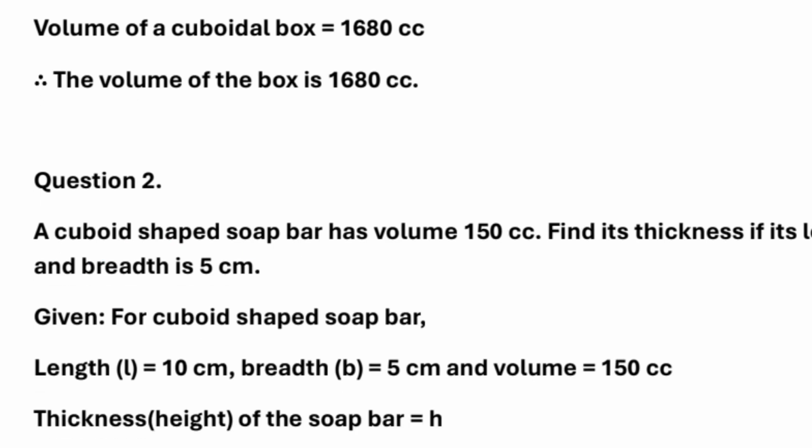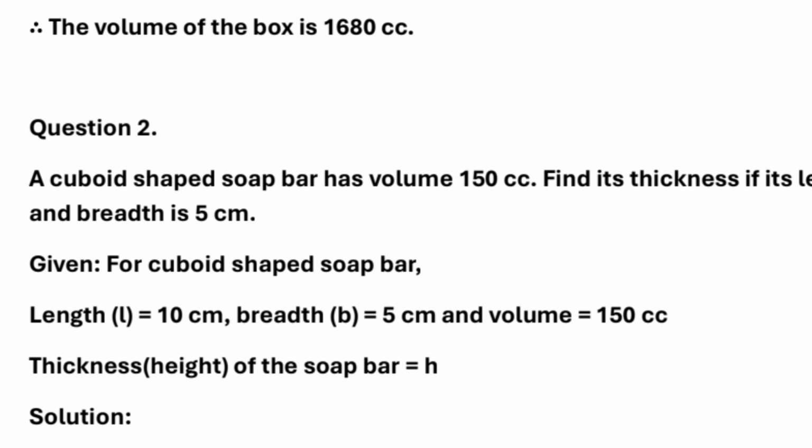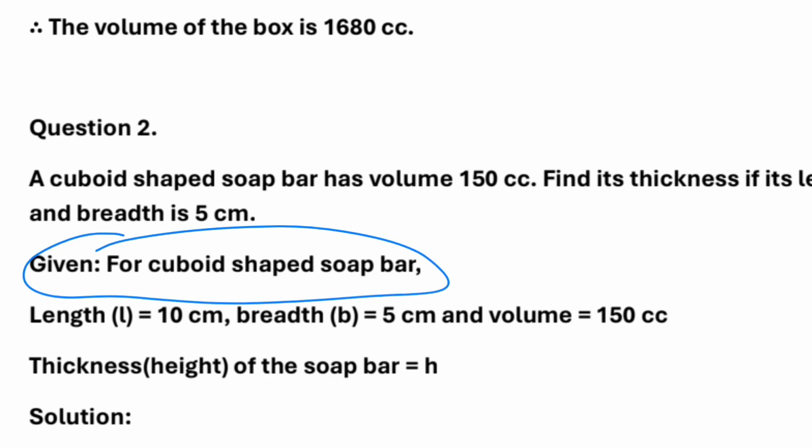Now here first we write given. Given for cuboid shaped soap bar. First we write given information from this question. Now what is given? Length l is equal to 10 centimeter.